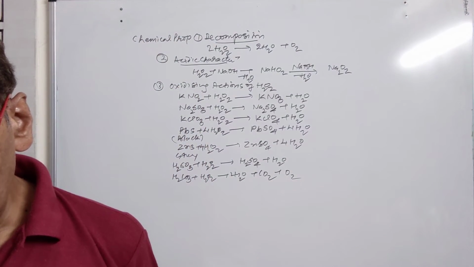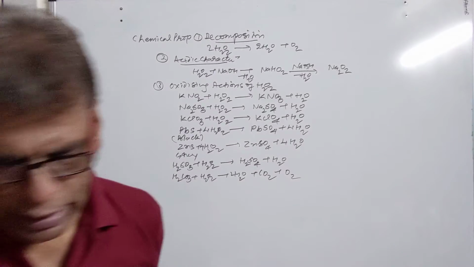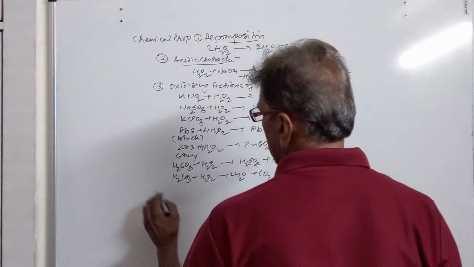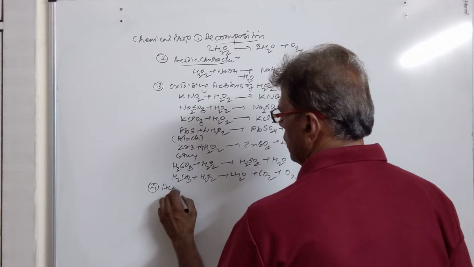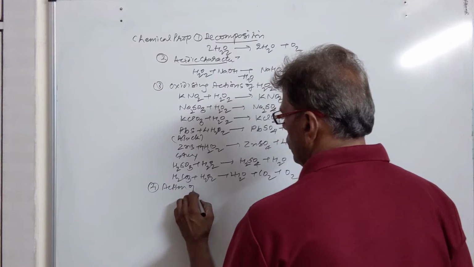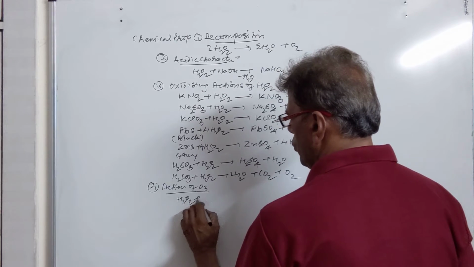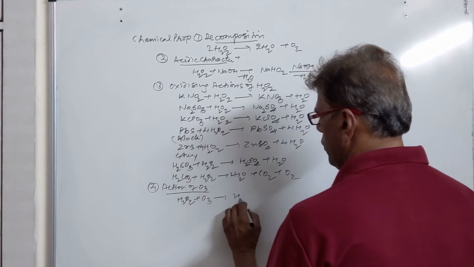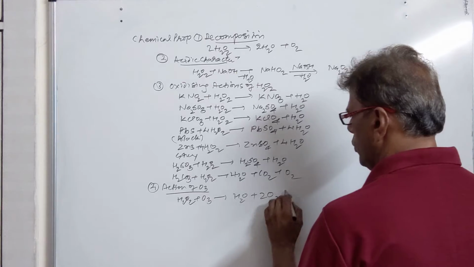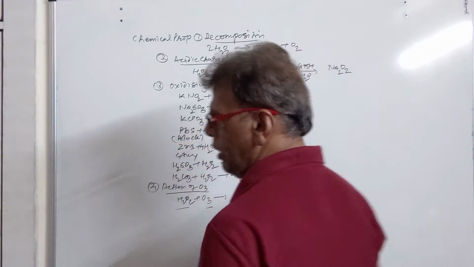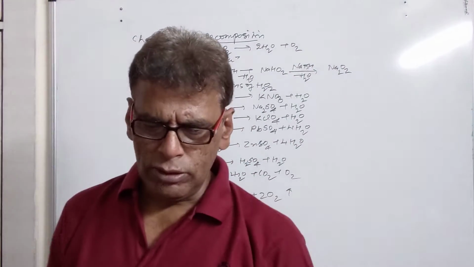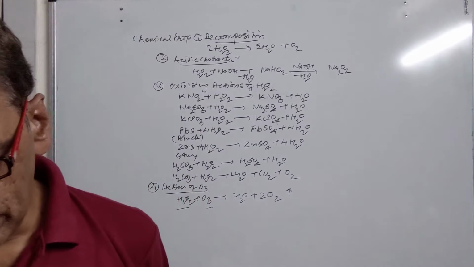Now it can attack sodium thiosulfate, it can attack ozone. This is the reaction where it appears to behave as both. H2O2 combines with O3 to give you H2O plus 2O2. So here both of them appear to behave as oxidizing as well as reducing agent.